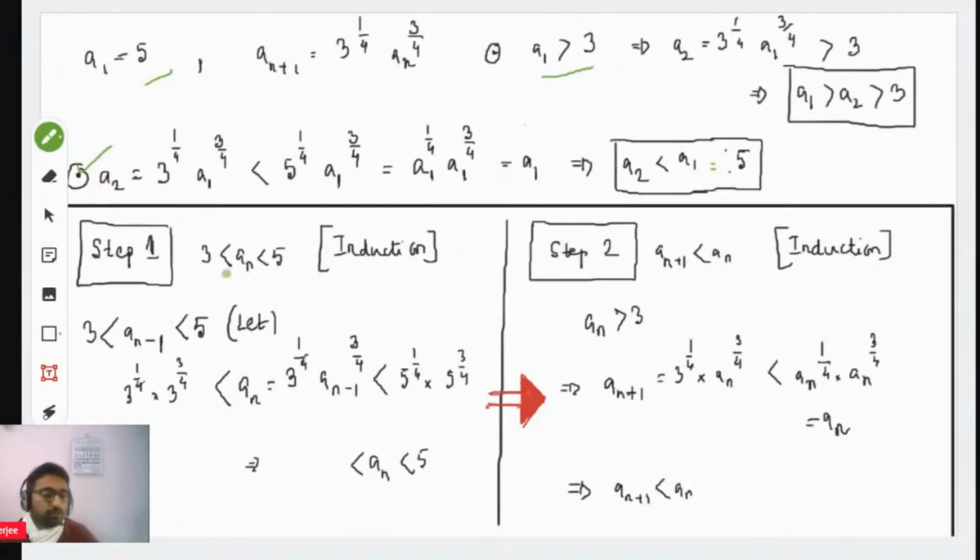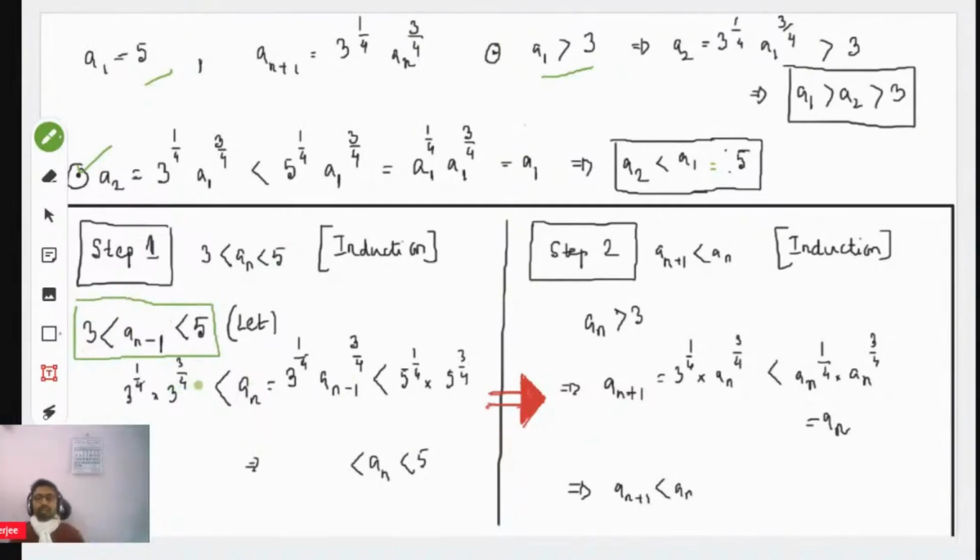So first is the induction step. You have to prove 3 is less than an, less than 5, given that 3 is less than a(n-1), less than 5. This is the initial step. And from this, you have to prove that an is less than 5 and greater than 3.